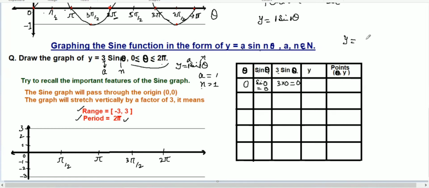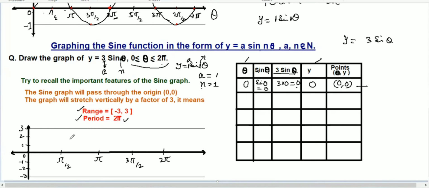So y, given as 3 sine theta, will be 0. The points are theta, y. So write down the point here, 0, 0. This is theta and this is y, the coordinate point on the plane.